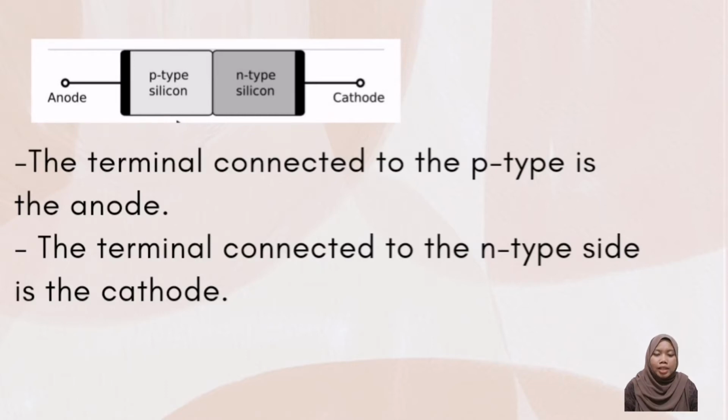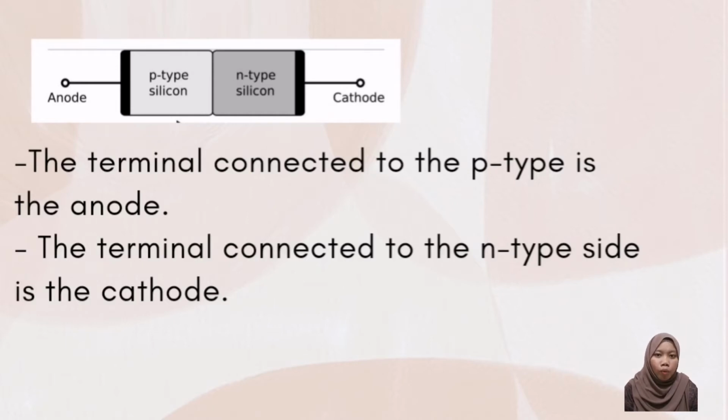We can create a simple PN junction diode by doping pentavalent or donor impurity in one portion and trivalent or acceptor impurity in the other portion of a silicon or germanium crystal block. These dopings make a PN junction in the middle part of the block.